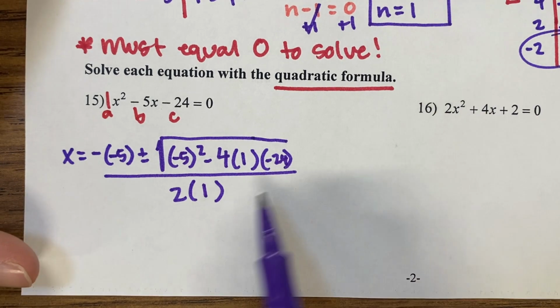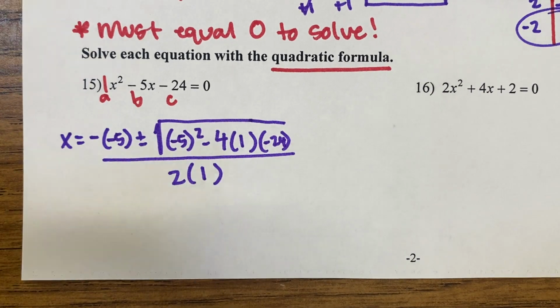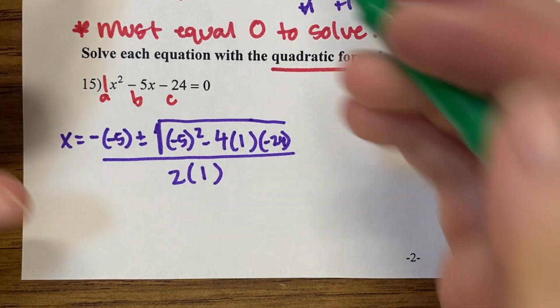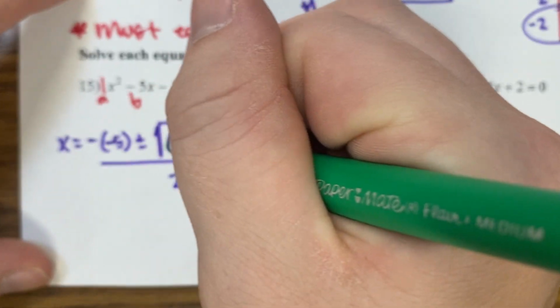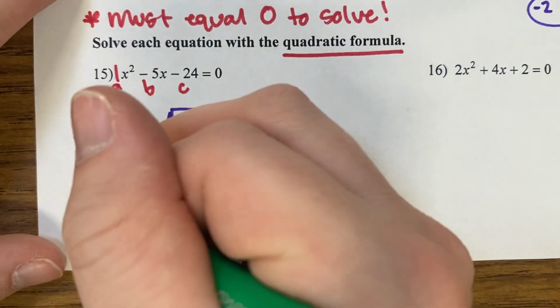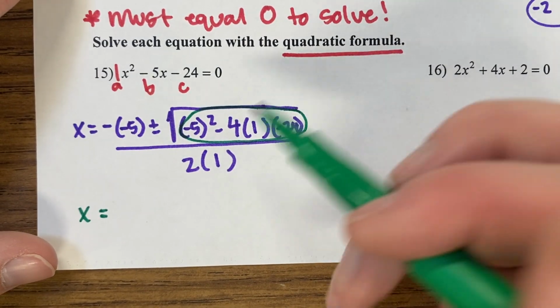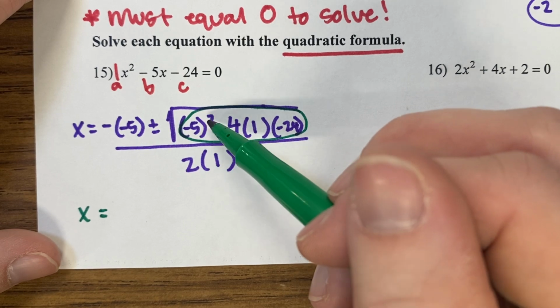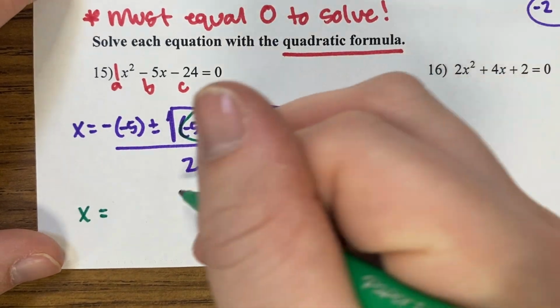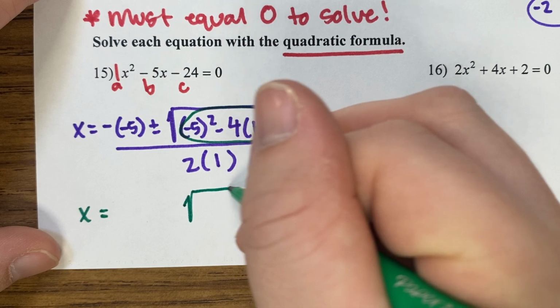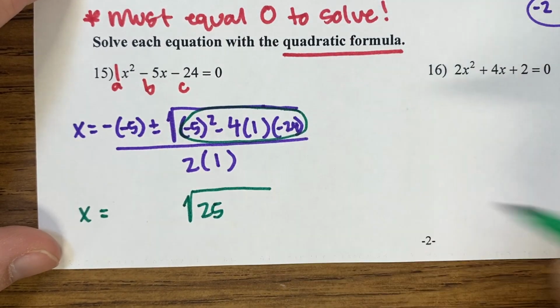It looks really messy, but we're going to solve it piece by piece. The first piece, if you remember, is the discriminant. I'm just going to solve this piece. So we have negative 5 times negative 5, or negative 5 squared. That's going to give me positive 25.